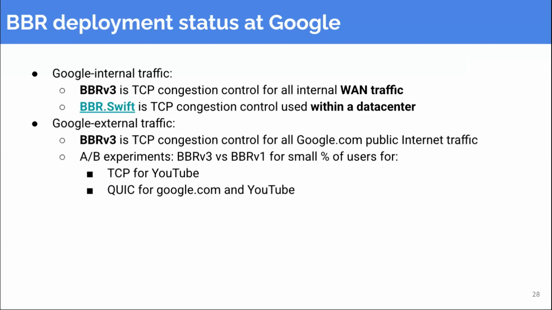And that's basically a version of BBR v3 that has an additional signal that it uses as the primary signal for sensing congestion within the data center. And that signal is the round trip time delay. The key mechanism here is usable because when you're within a data center, you can actually know a priori the round trip time that you expect, because data center topologies at Google are very, very regular.